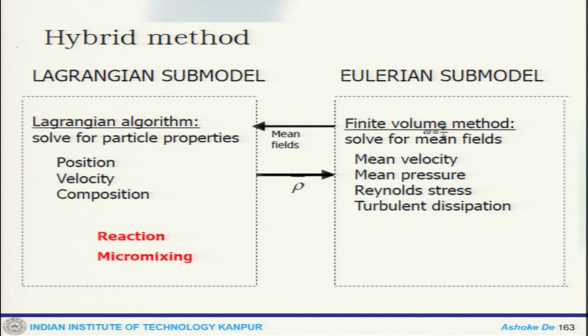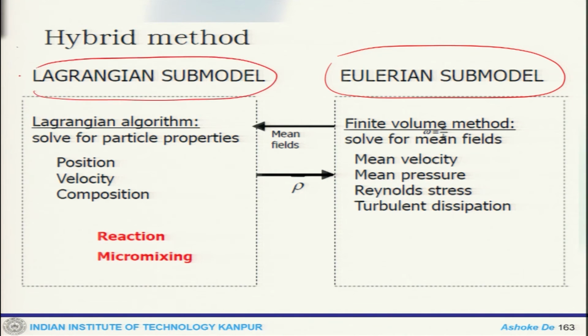That means you have the Eulerian model, where you solve the mean flow fields in the Eulerian framework, and then you go to the Lagrangian model, where you solve the particles. Here you solve for mean velocity, pressure, stress, and turbulent dissipation, and this mean information you pass to the Lagrangian, where you solve for position, velocity, and composition with the impact of reaction and micromixing.